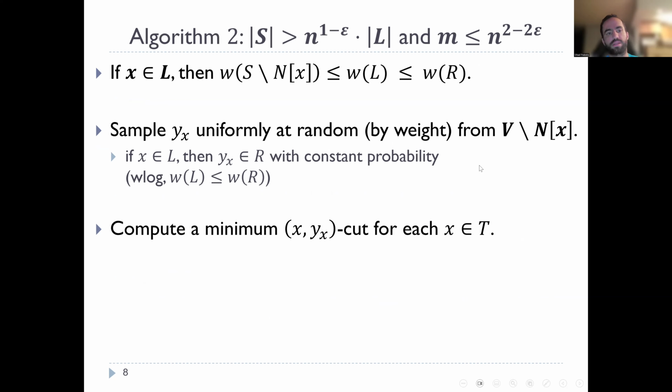Now, since X is in L, we know that the total weight of the nodes in the separator without the neighborhood of X is at most the weight of L, which is at most the weight of R. The assumption that the weight of L is smaller than the weight of R is just without loss of generality.